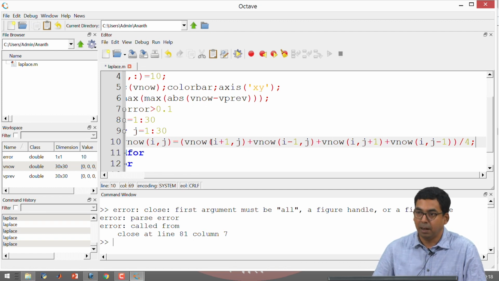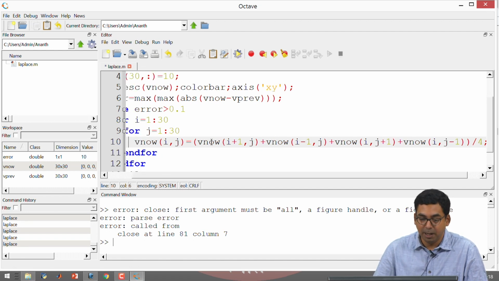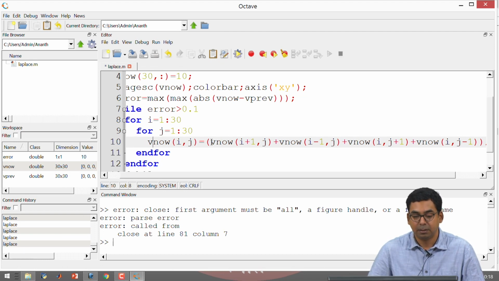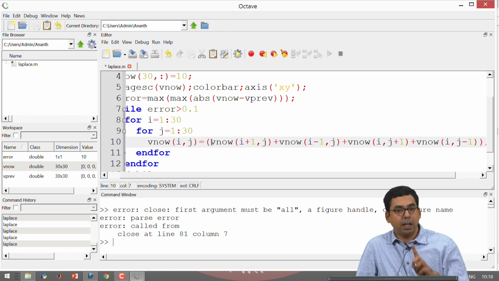calculation, and you have your skeleton for your Laplace solution ready, alright, but there are some small niggling issues that we will have to fix. If we examine this line, I start the loop at i equal to 1 and then j equal to 1.